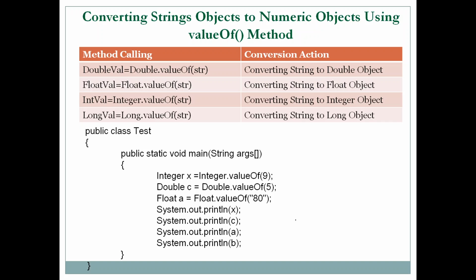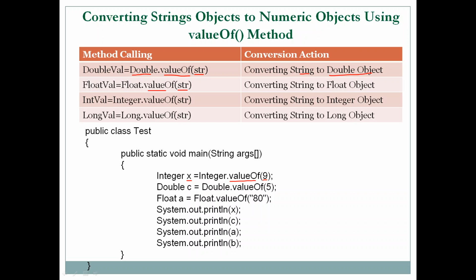Let us look at some examples here. Integer x, so this is an object type, remember, it is not int, it is Integer x.